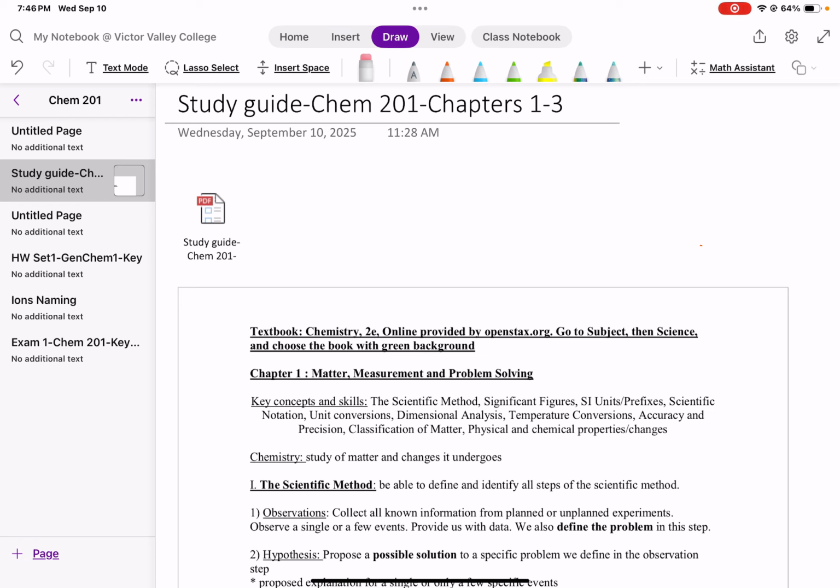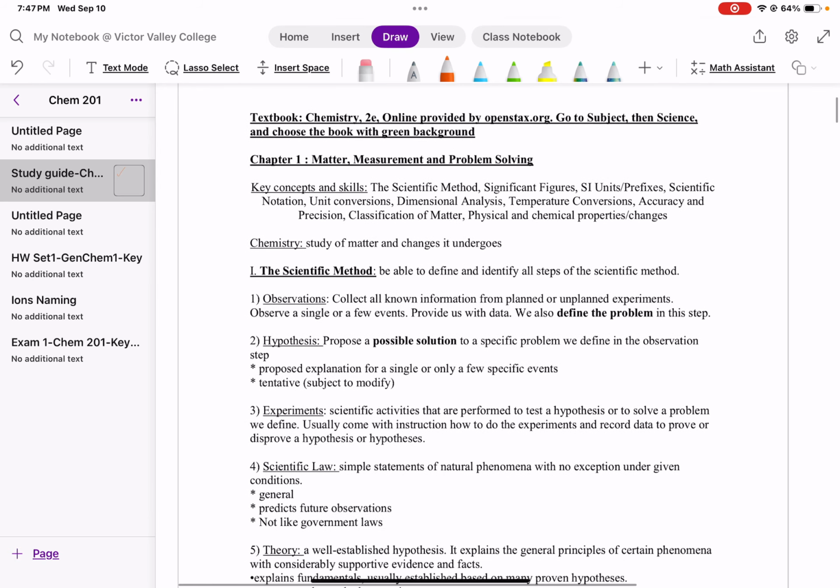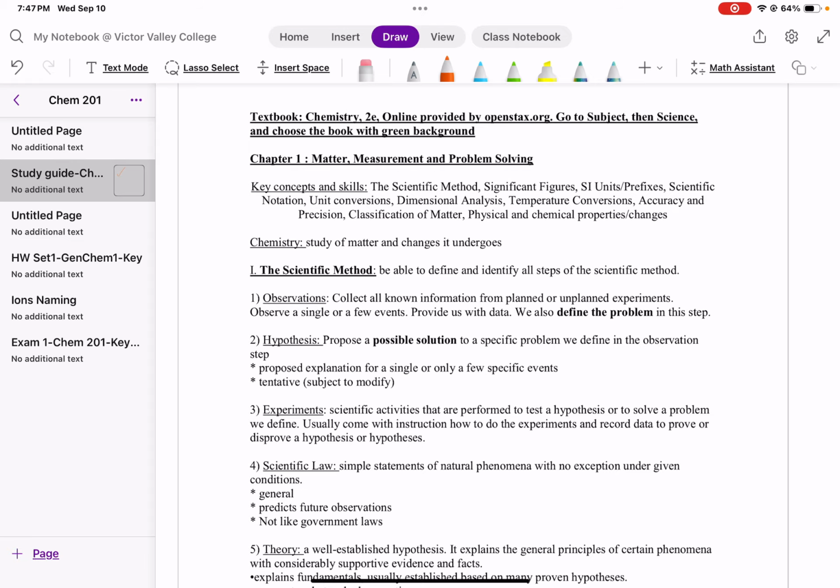This is General Chemistry 1, that's Chem 201, Chapter 1 to Chapter 3, Study Guide. Okay, well, let's start with Chapter 1.